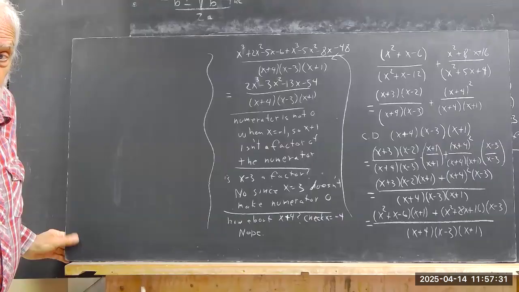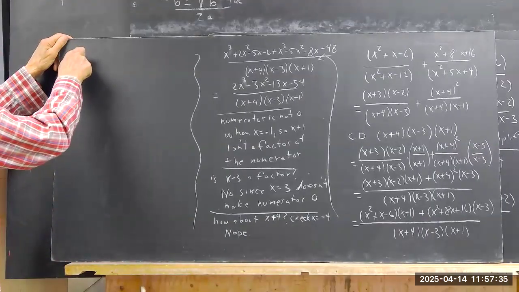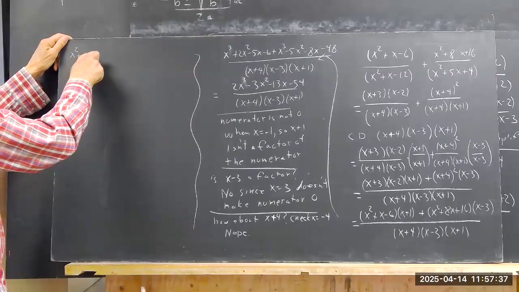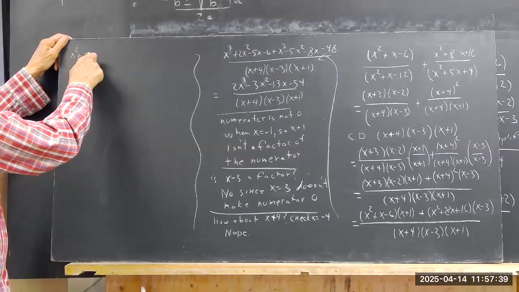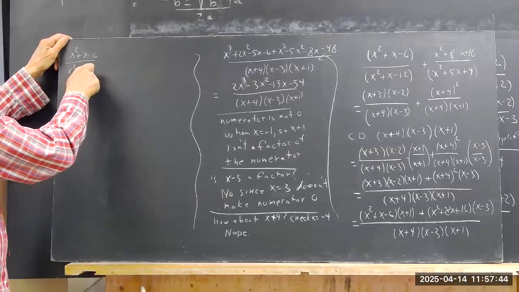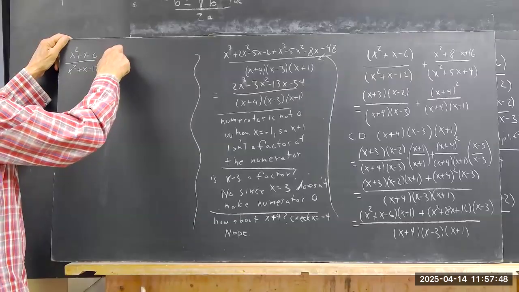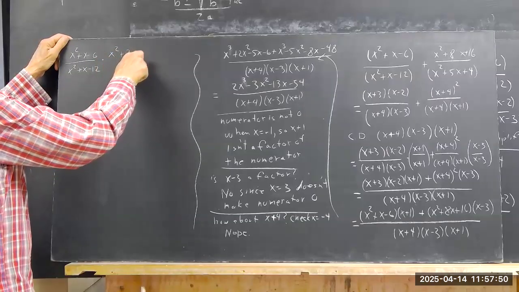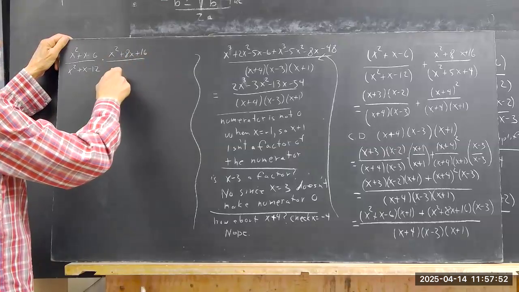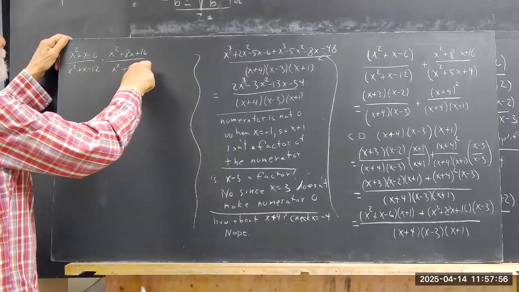So let's say we've got x squared plus x minus 6 over x squared plus x minus 12 multiplied by x squared plus 8x plus 16 over x squared plus 5x plus 4.